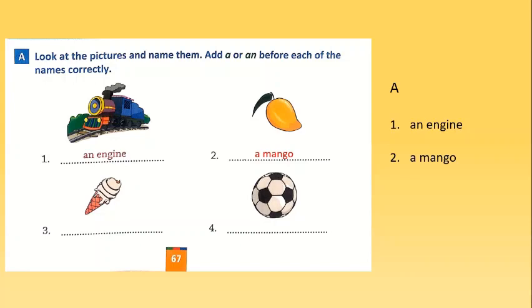Number 3 is the picture of ice cream. Ice cream begins with the vowel I. And which article do we use before a vowel? Article an. So it will be an ice cream.